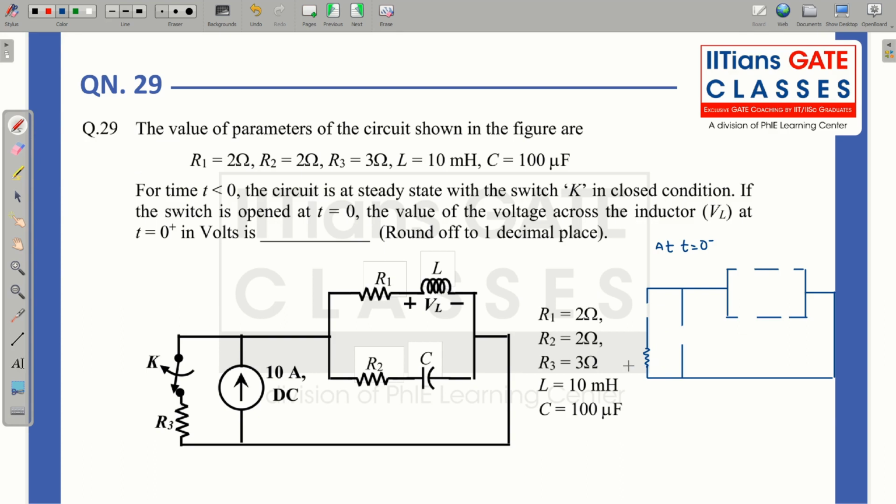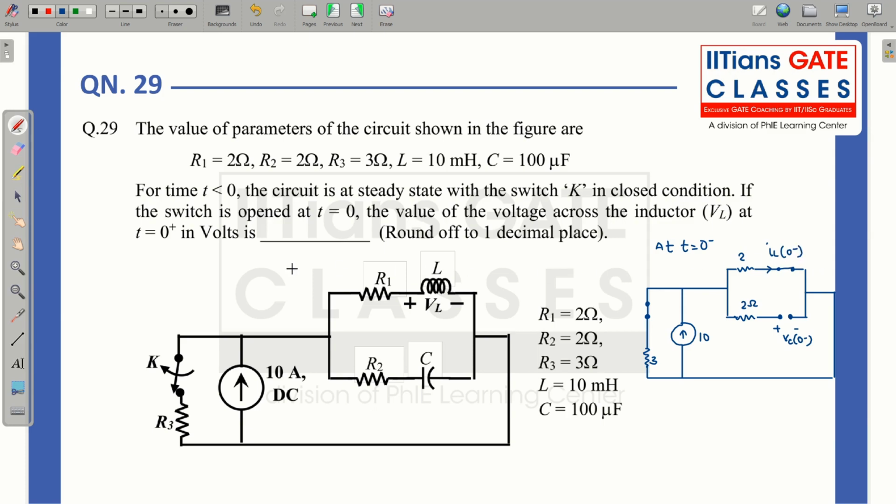Here we have R3, which is 3 ohm. This is the switch, which is in closed condition. We have a current source of 10 ampere. Here we have R1, which is 2 ohm. This is R2, which is also 2 ohm. The capacitor is open circuited, so let me put the polarity of the capacitor like this. Let this value be Vc0 minus, and this is the inductor, and let the current through the inductor be IL0 minus at steady state.